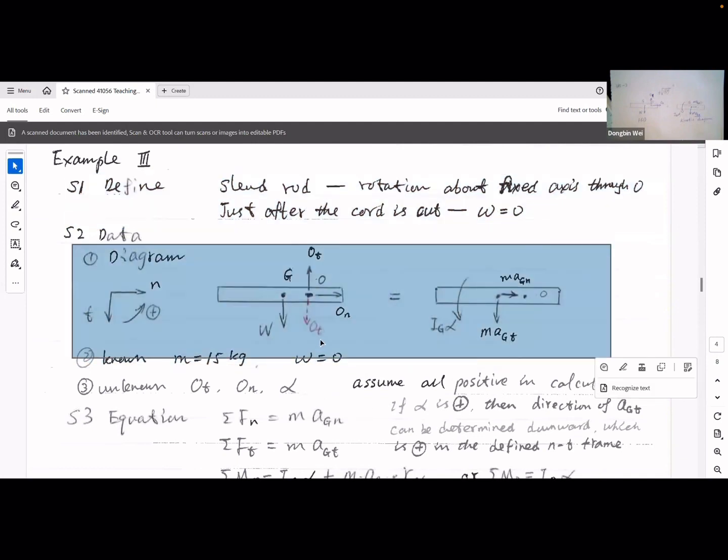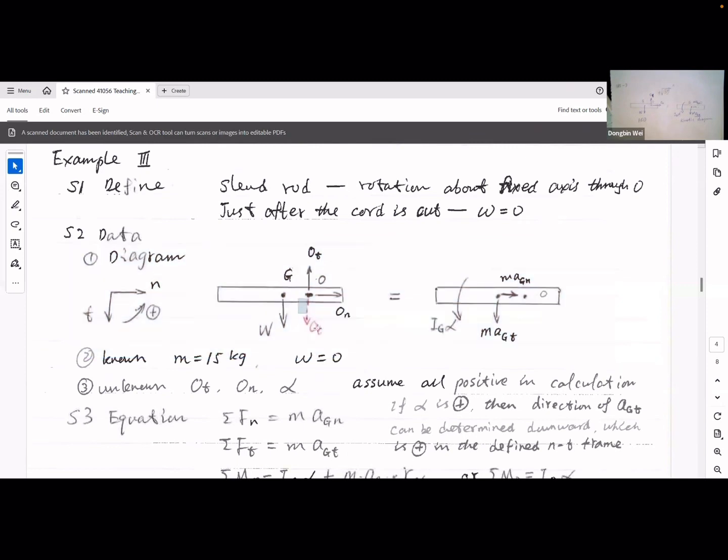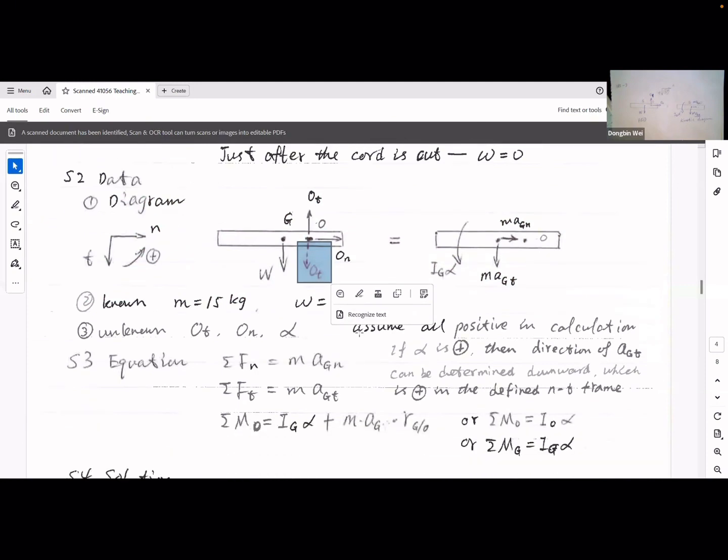And again, in my following calculation, to deal with this unknown OT, I still assume it's downward positive in my following calculation. And to remind myself, I use red color dashed line to remind myself this is assumed direction for OT. Okay.